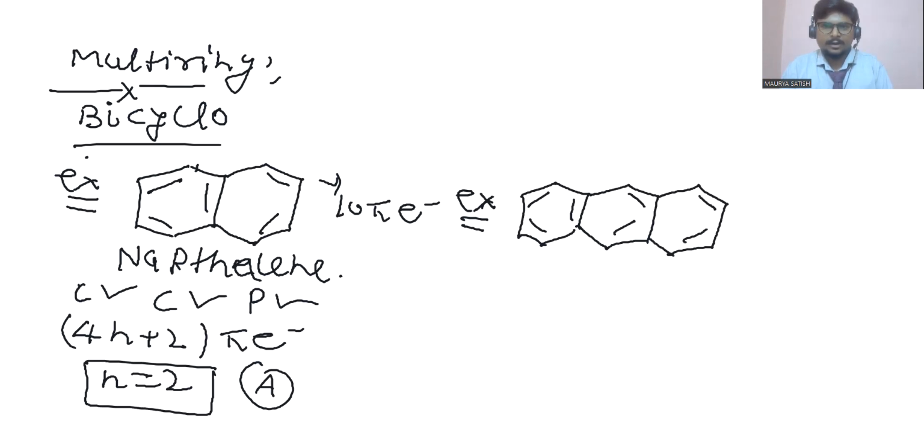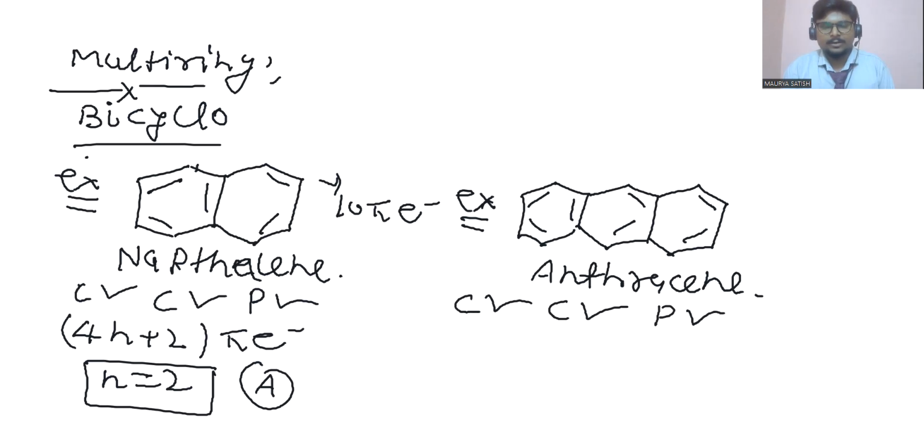This one is called anthracene. Obviously cyclic is satisfied. Conjugation is also there. You can check pi, sigma, pi, sigma. All have a pi bond present, alternately. So conjugation is also there. What about planarity? Yes, this compound is planar.